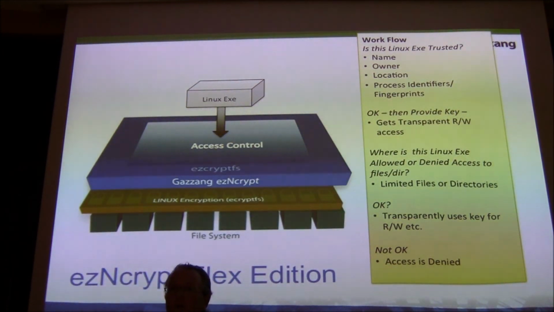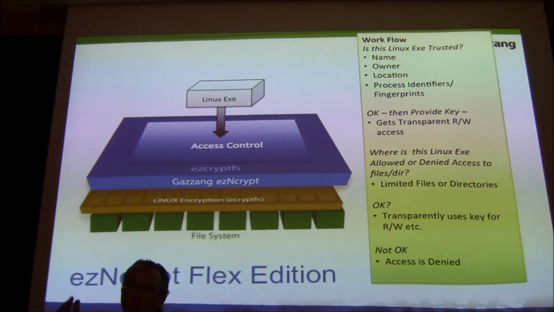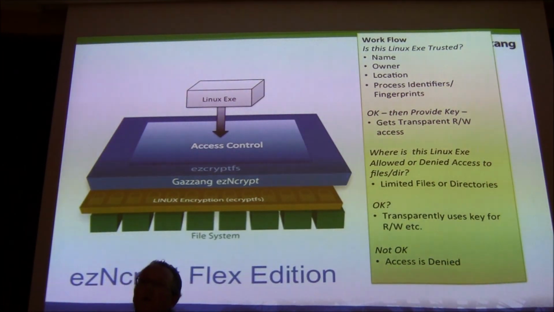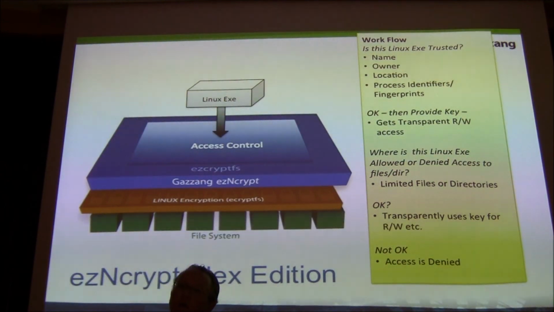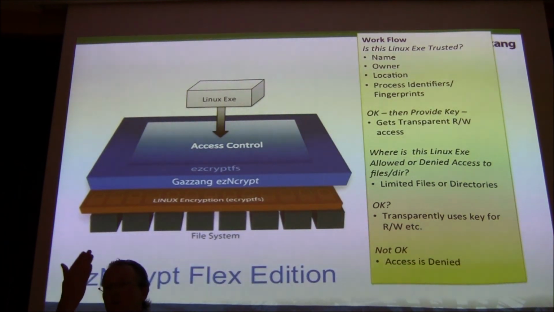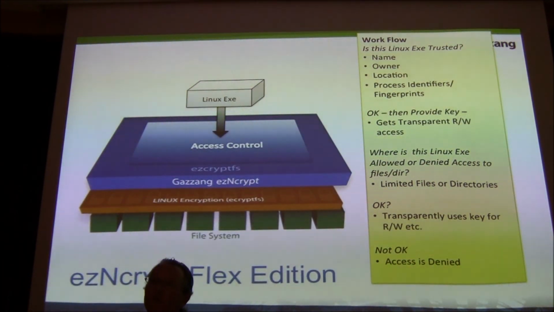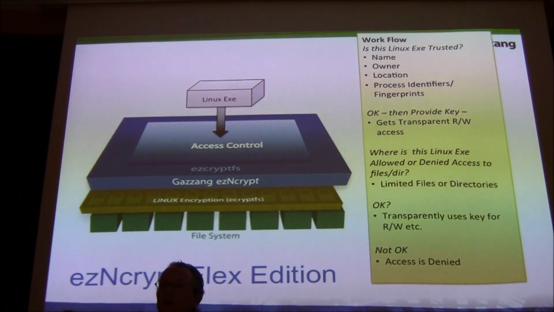If yes, then your access control maps to this part of the file system, so it may be the MySQL data category, and I know where the MySQL data is. So if you're getting the MySQL data, then you're allowed to have the key. The process comes in, I fingerprint it, it matches, you get the key so that you can do AES 256 encryption and decryption as you run.